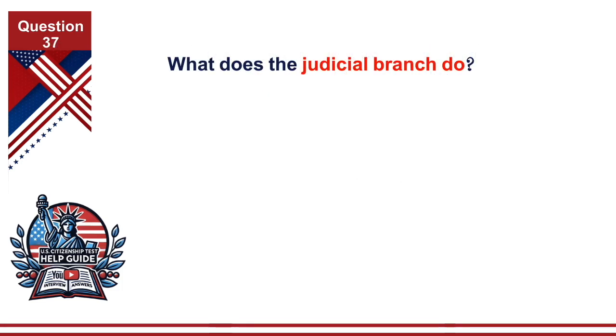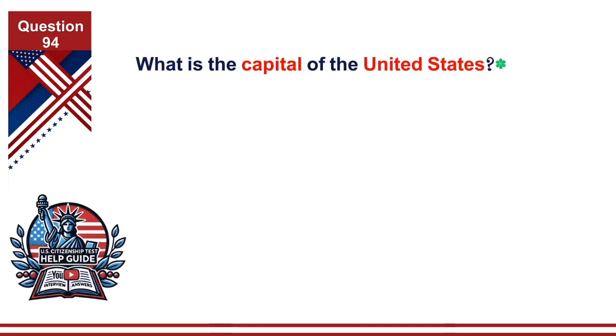What does the judicial branch do? Reviews laws. What is the capital of the United States? Washington, D.C.